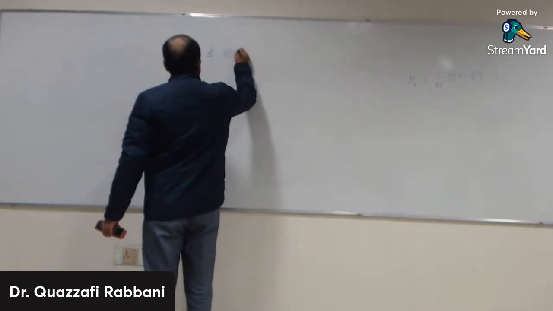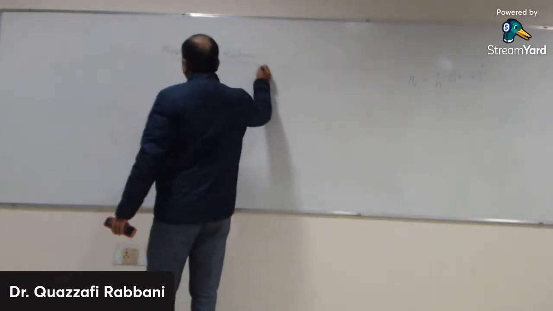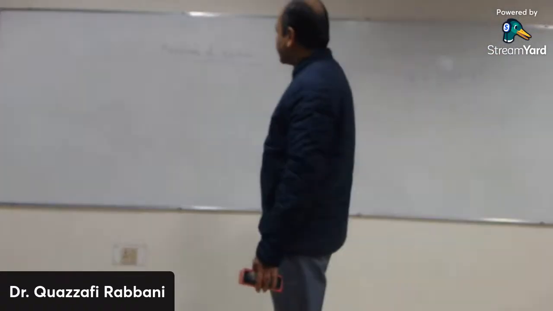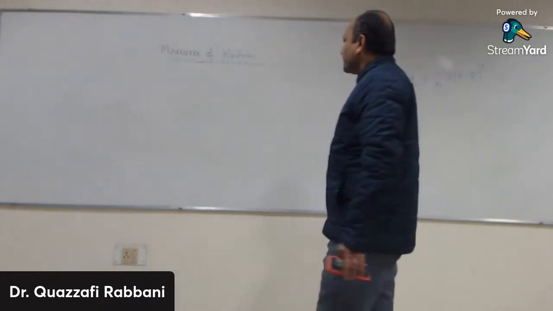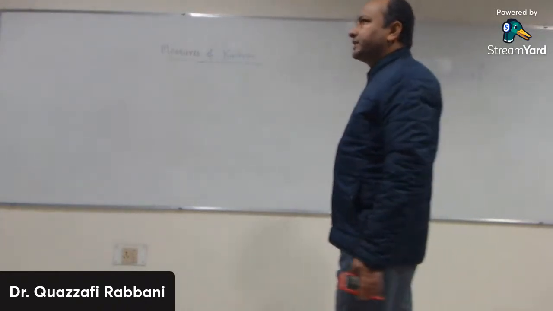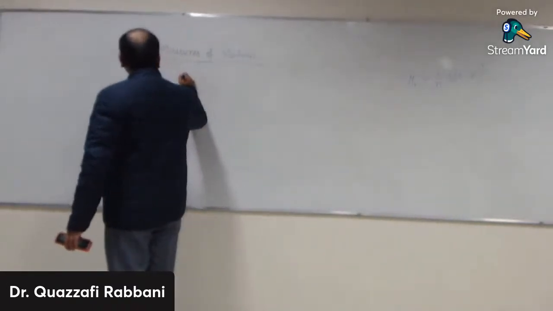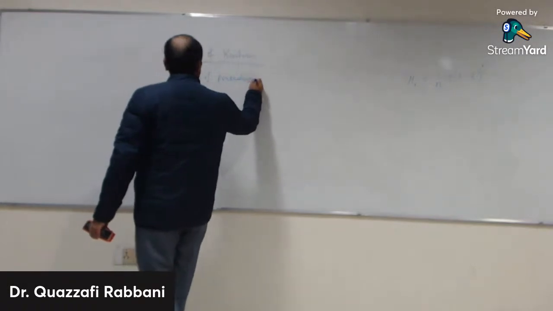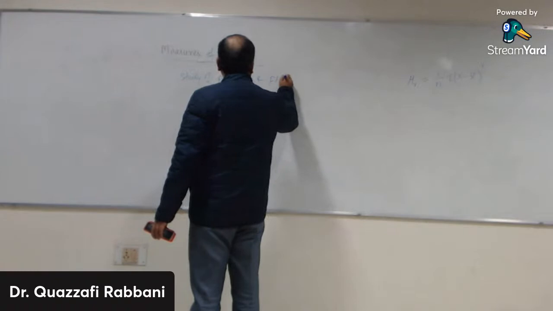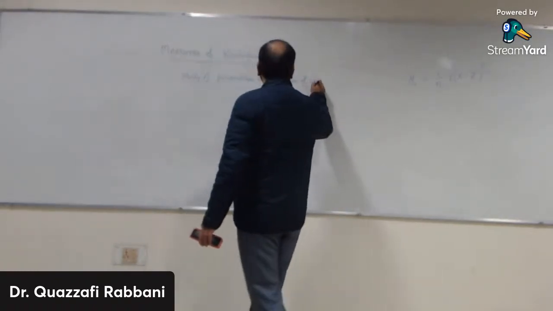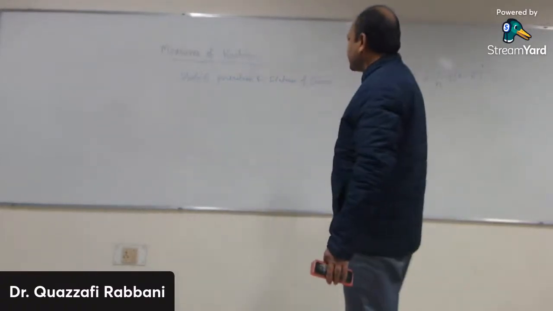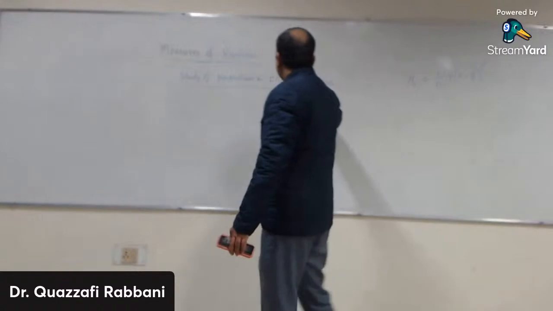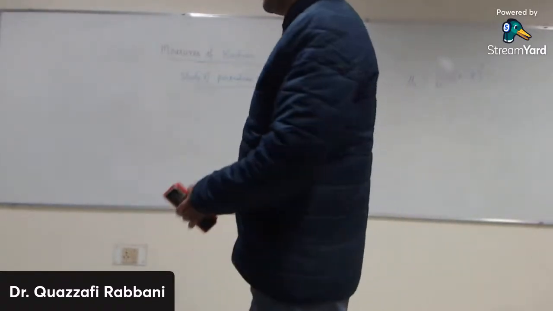In kurtosis, we study the thickness and flatness of the curve, and this will give you the variation of the distribution, whether the variation is high or low.